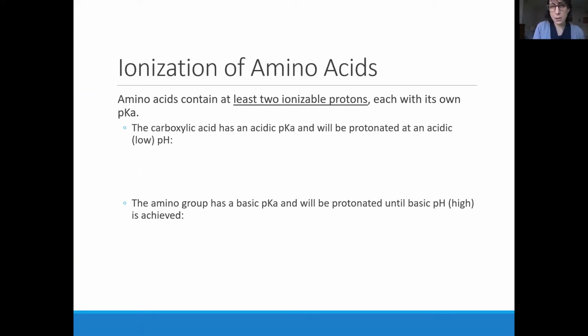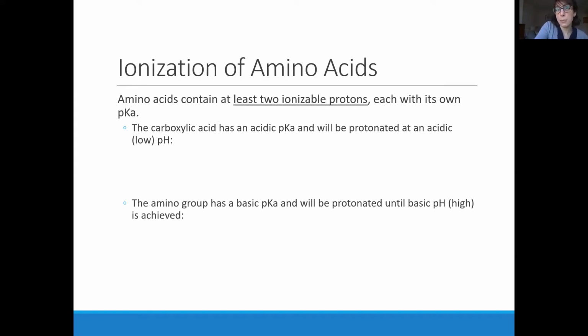So all amino acids contain at least 2 protons that are ionizable, that will be charged. And they each have their own pKa. Remember that pKa is related to the acidity of the particular molecule. So if we focus on the part of an amino acid, not an amino acid as a whole, right now we're going to focus on parts of it.